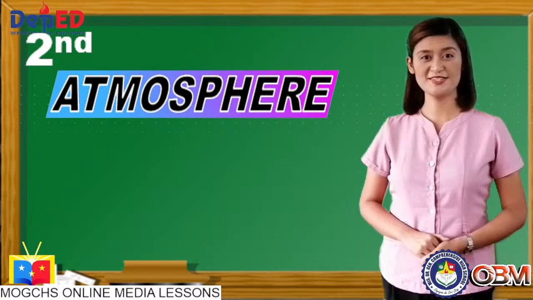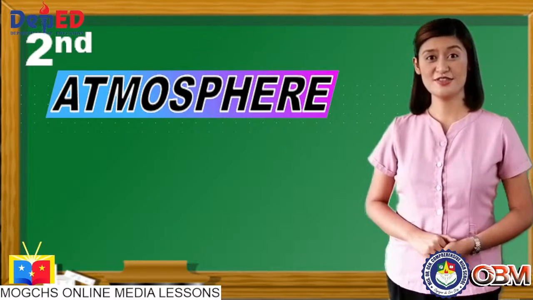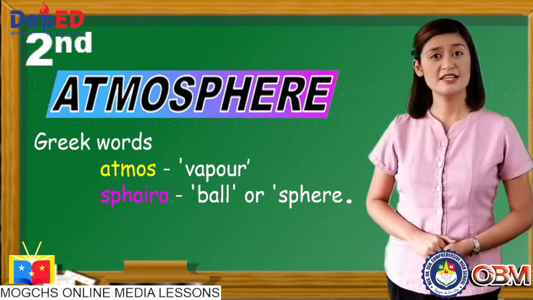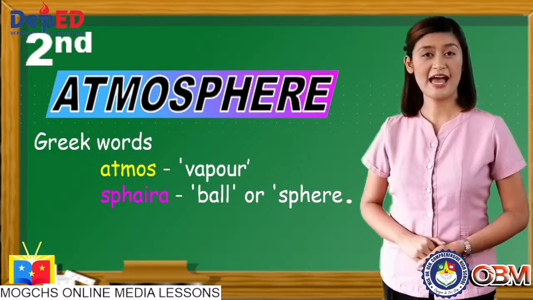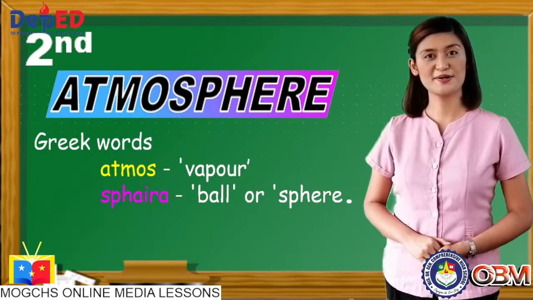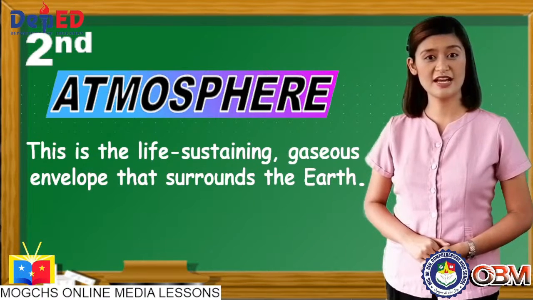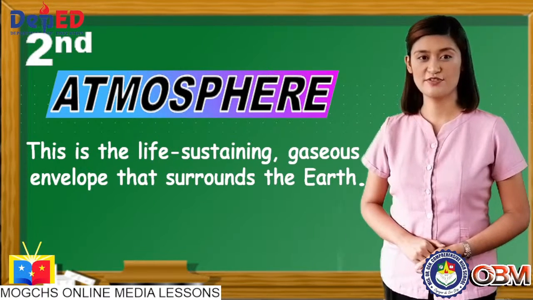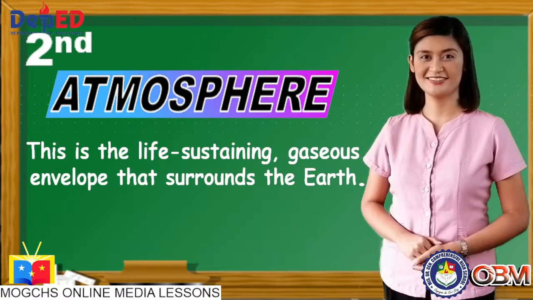The second subsystem of the Earth is the atmosphere. It is derived from the Greek words atmos, which means vapor, and spira, which means ball or sphere. This is the life-sustaining gaseous envelope that surrounds the Earth.